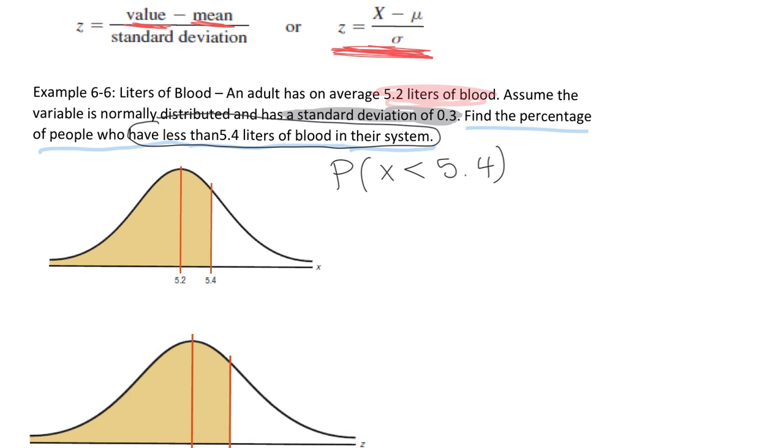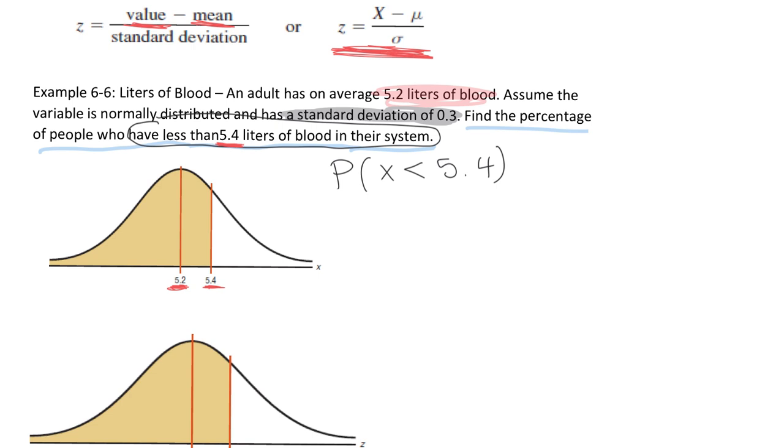And as you saw on our warm-up, this line here represents our average, and this number is representing what we're trying to find to the left. So we're trying to find that area, which would give us the probability. The standard deviation is 0.3.